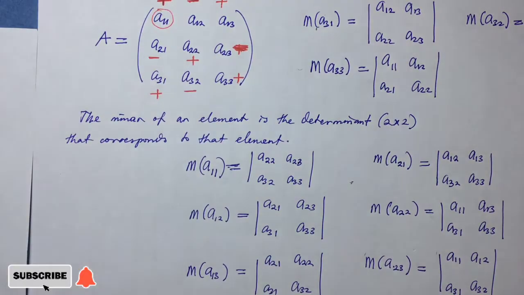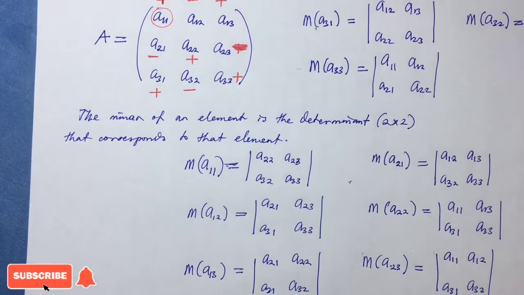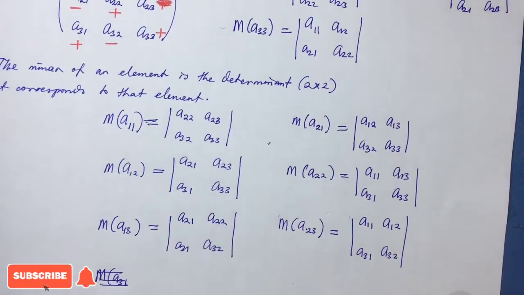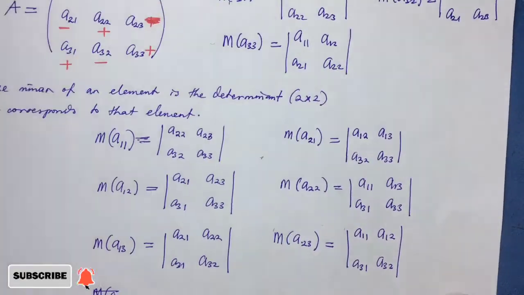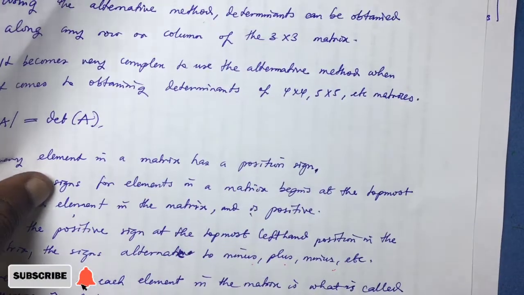So if you do that for all of them, you will see that every element in the matrix has a minor. And the minor is the determinant of the 2 by 2 matrix that is left after crossing out that particular element. So if you can understand that every element in a matrix has its corresponding minor, then we can now use the alternative method.